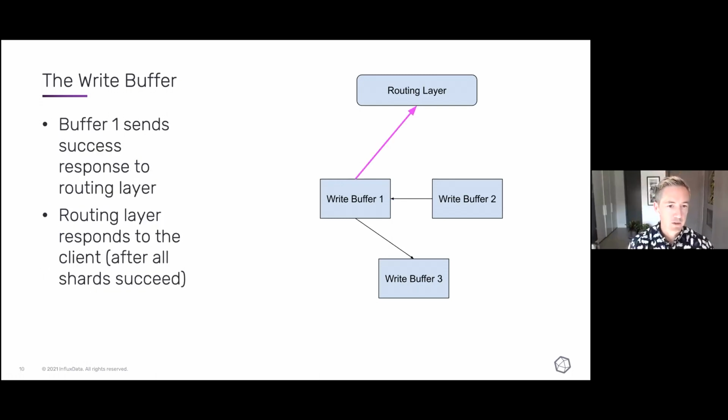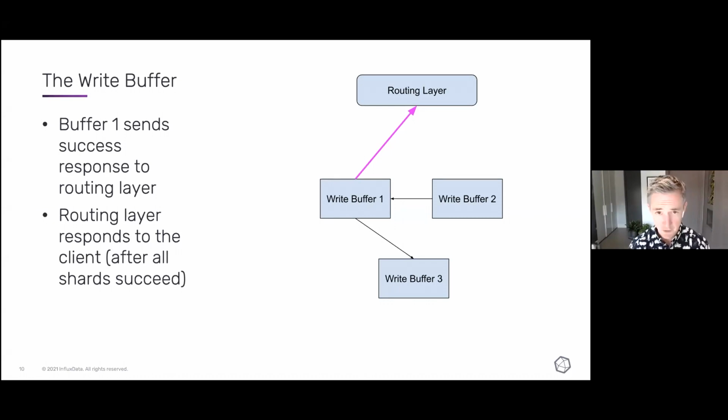So after this, in our example, WriteBuffer 1 has only received a response from WriteBuffer 2, but it knows at this point that it plus WriteBuffer 2 have a copy of the data. So it has a quorum. It sends a response back to the routing layer that says, we've got it. And then the routing layer responds to the client.